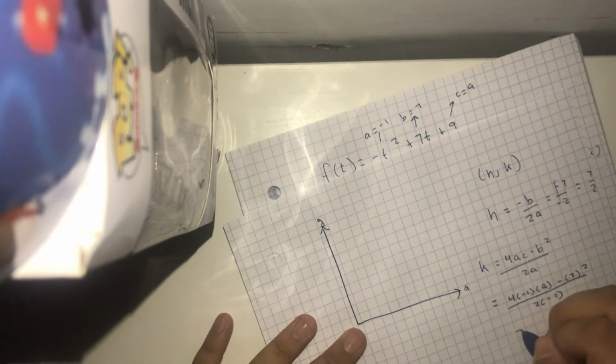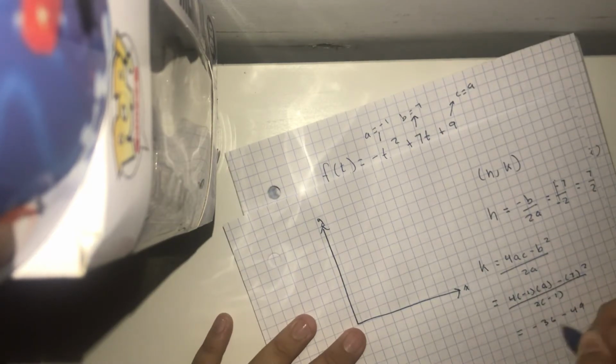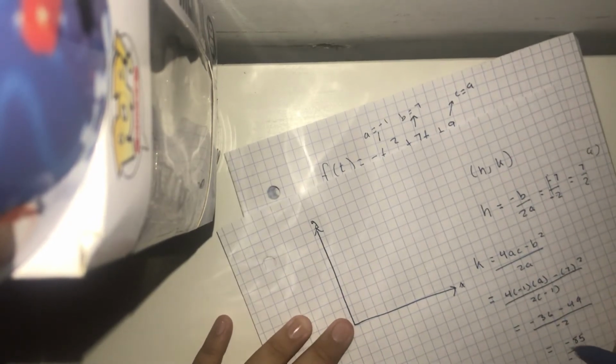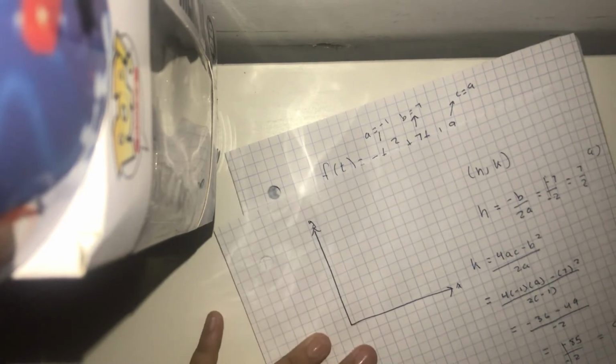And you have to simplify, and you get negative 36 minus 49 over negative 2, or negative 85 over negative 2, excuse me, which the negatives cancel out again, and you get 85 over 2, which is another positive, which is perfect.